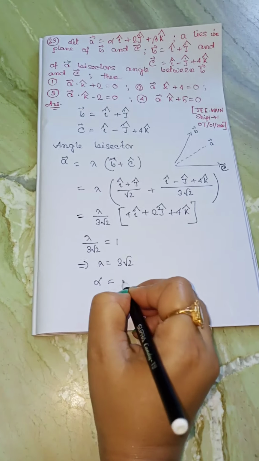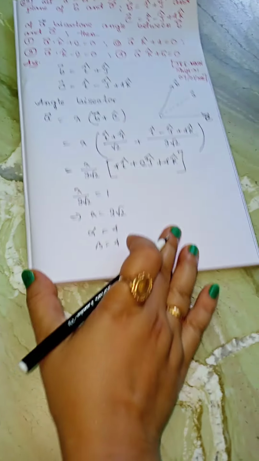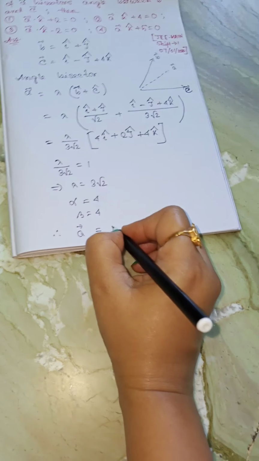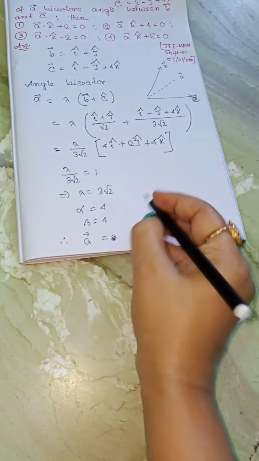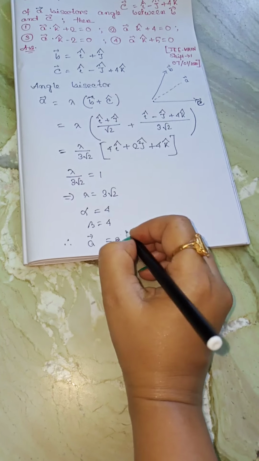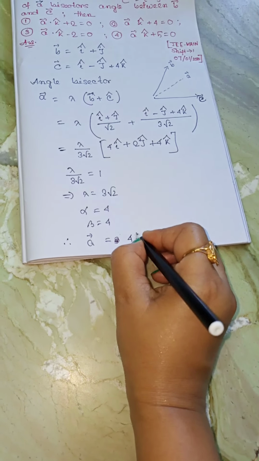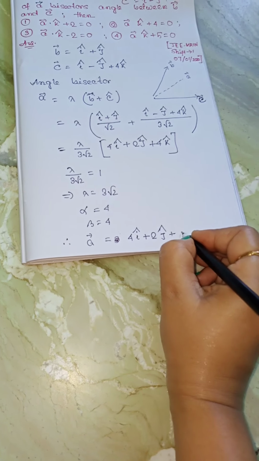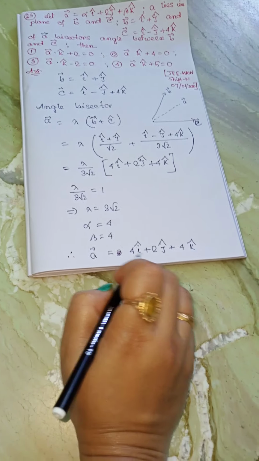So alpha is equal to 4 and beta is equal to 4. Now the vector A becomes 4 i cap plus 2 j cap plus 4 k cap. So our vector A becomes this.